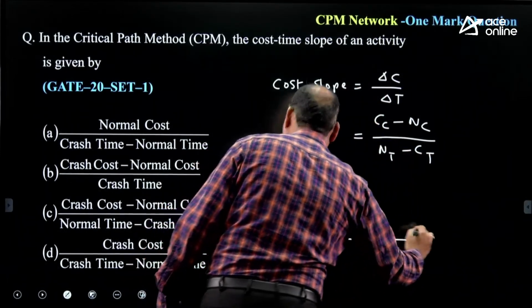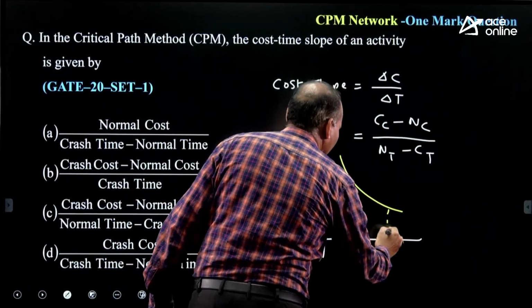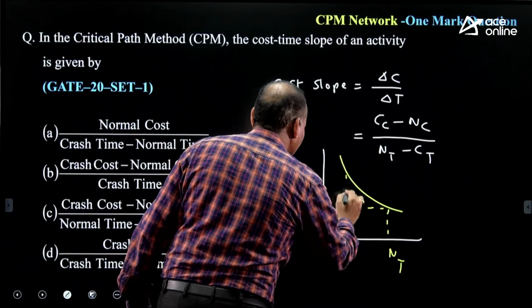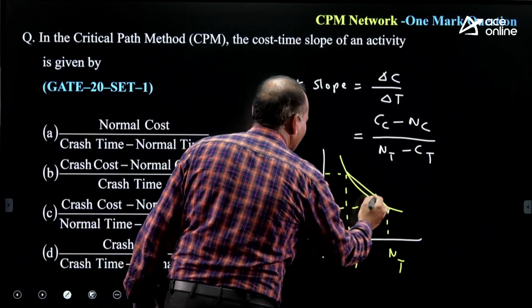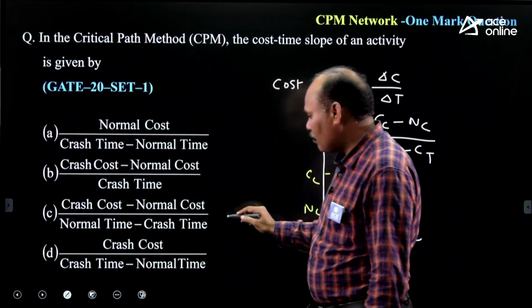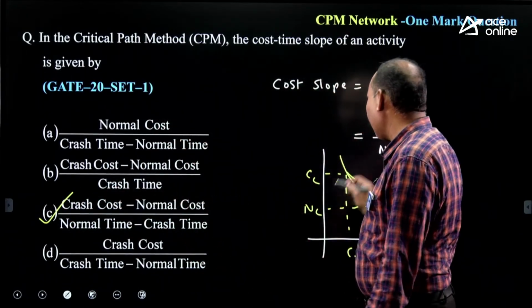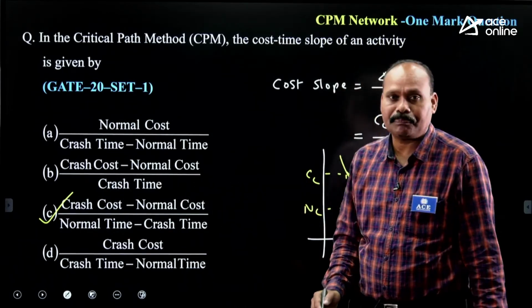As you know, this one is NT, NC, CT, CC. This is the slope. The answer is crash cost minus normal cost divided by normal time minus crash time. Option C, isn't it?